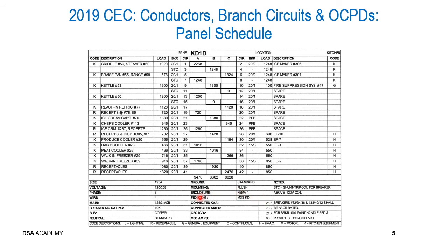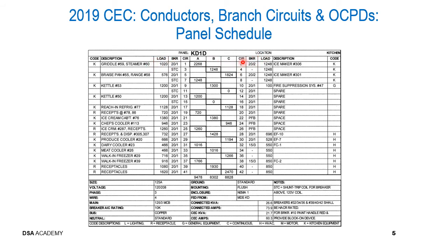This other information here, the connected KVA, the connected amps, the CEC KVA, and the CEC amps, is primarily design criteria and summaries, which are basically taken from the center section of this panel schedule, which identifies power provisions, apparent power provisions that correspond with the loads that you can see for each of these circuits.